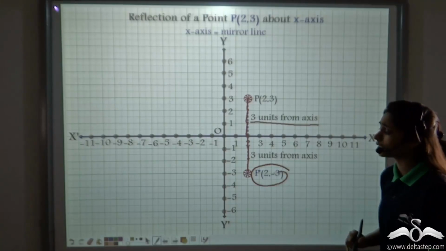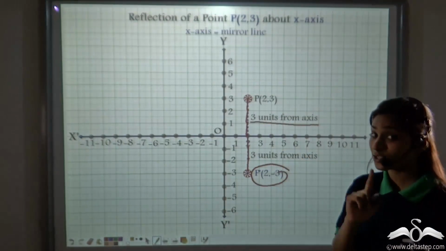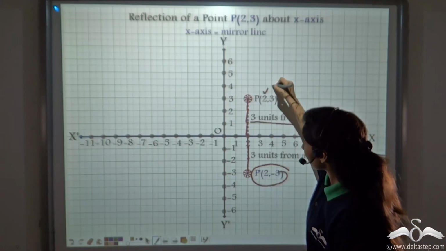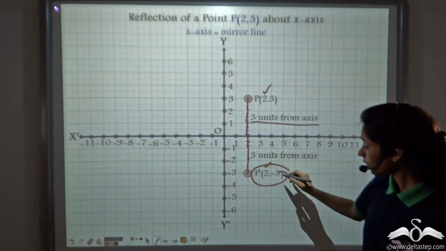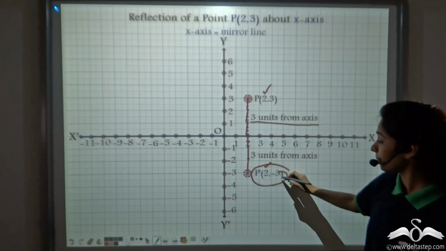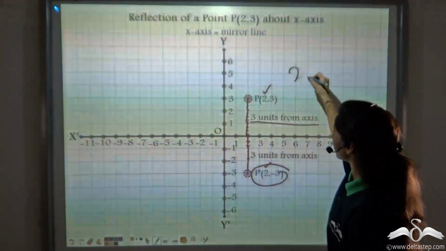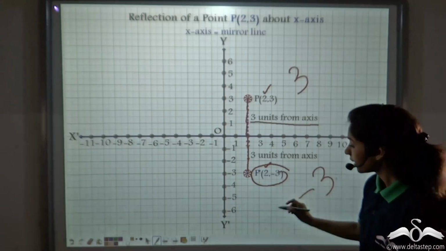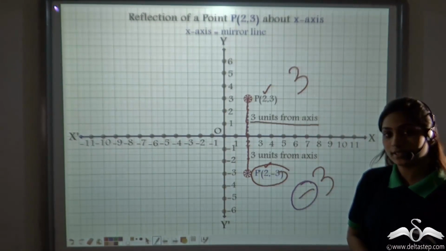Now one more thing, did you notice that the coordinates are changing? Well, the X coordinate does not change as this is a straight line. So the X coordinate will not change here. It remains 2. Now the Y coordinate is changing, but only the sign of the Y coordinate is changing. See, first we have 3, here we have -3.